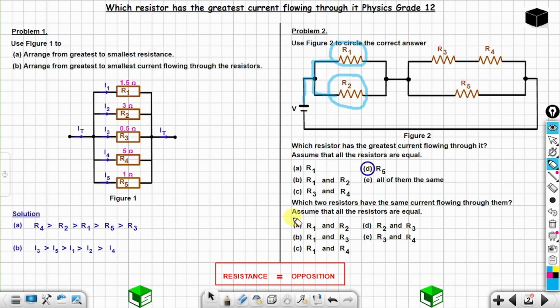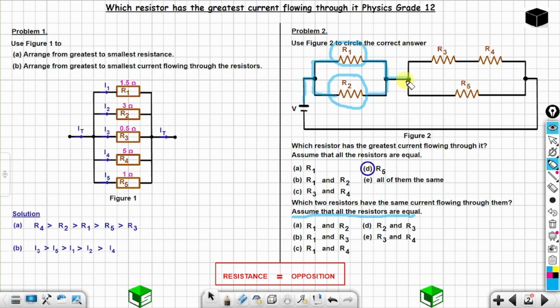You are told. So the same current will flow on this branch and the same current will flow on this branch. So the current will join.